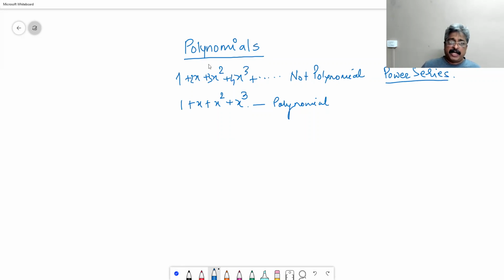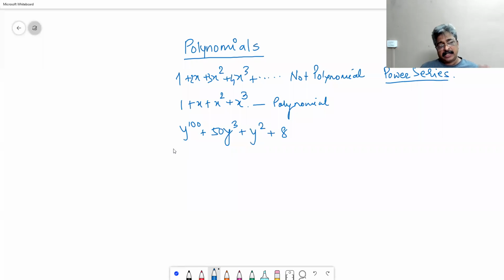But presently what we are interested in is not things of this kind, plus dot dot dot, but where there is an end, they stop. Maybe x raised to 100, or another polynomial could be y raised to 100 plus 50 times y raised to 3 plus y square plus 8. Yes, fair enough. This is a polynomial because it stops.